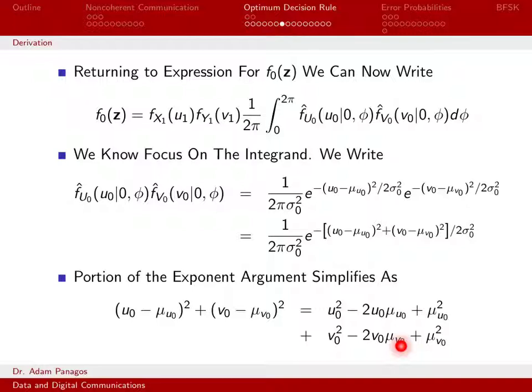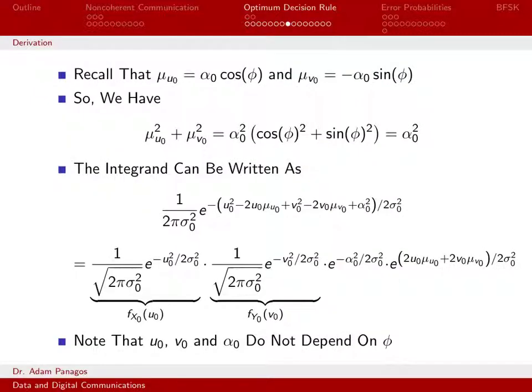So let's go to the next one and plug those in. Recall, our mean of u0 was alpha 0 cosine phi, and our mean of v0 was minus alpha 0 sine of phi. So let's plug that into these pieces. That means that mu of u0 squared plus mu of v0 squared turns into this.